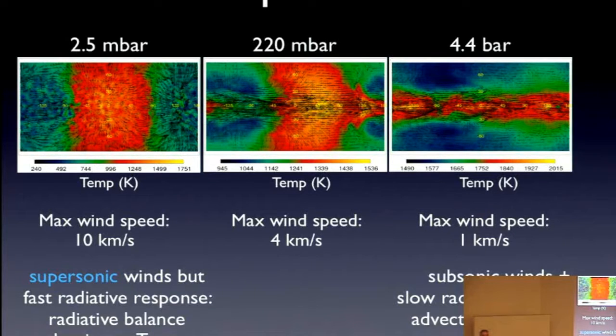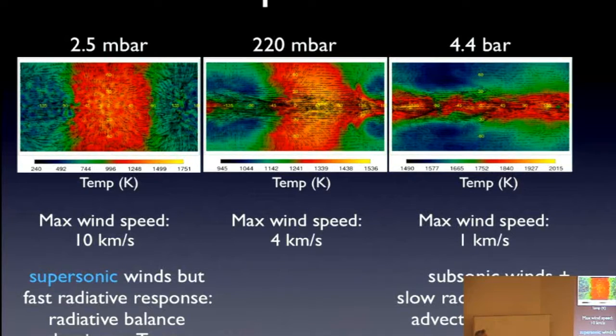So there are winds, but they don't do much. It's basically a radiatively forced atmosphere, and you see the shining pattern. As you go further down, however, you get denser gas that's better able to advect heat away from the hot day side, and the response time of the atmosphere gets longer and longer. So you see more and more the role of advection.